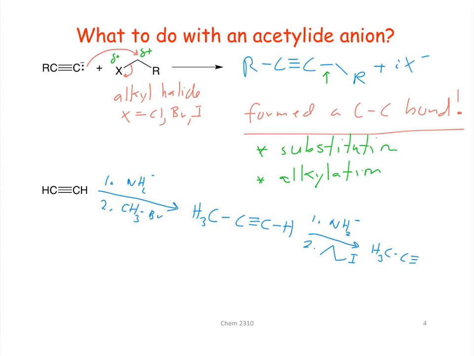That was still there, and now we added 3 carbons onto there. So look, in 2 steps from acetylene, we've synthesized, what is this, 1, 2, 3, 4, 5, 6, 2-hexyne.